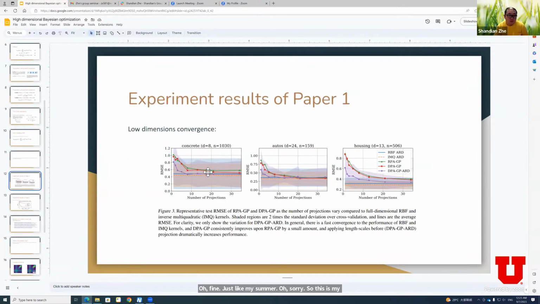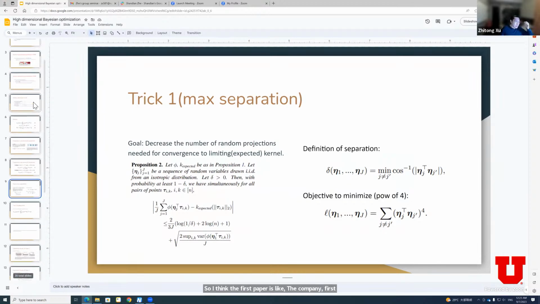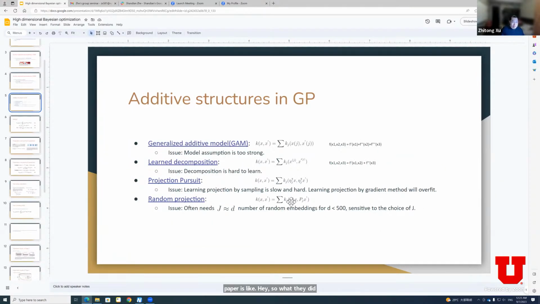Okay, so what's the contribution of that first paper? So what they did is they make the previous learned projection into random projections, and they also... yeah, that's the only contribution.